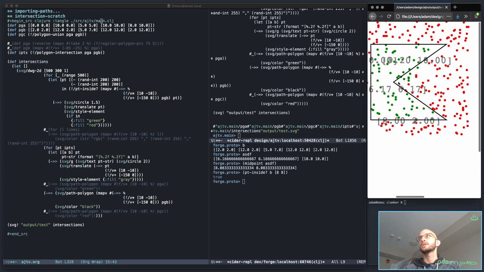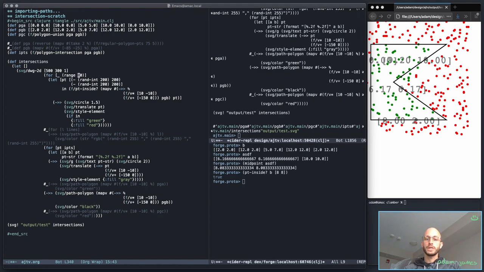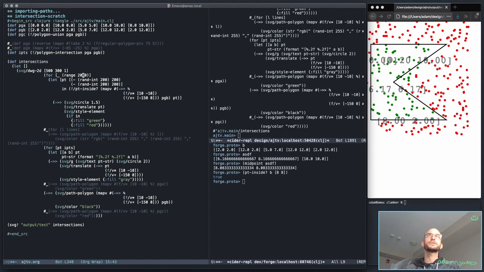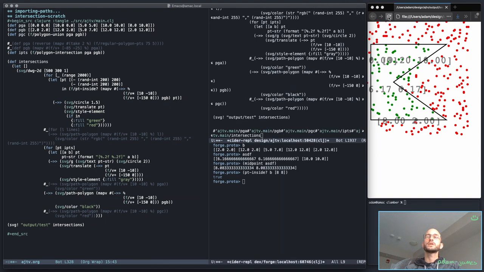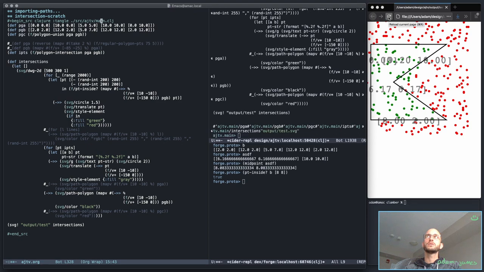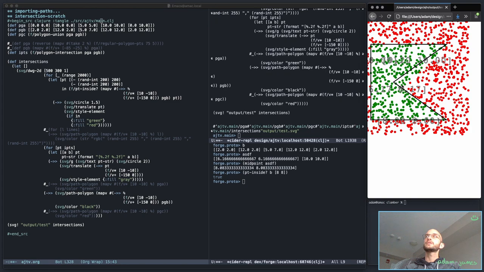I don't understand. Let's try 4 times as many points. Take a while. It's a big SVG now. There's something wrong here, and I don't know what it is.